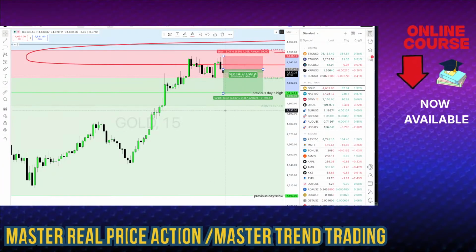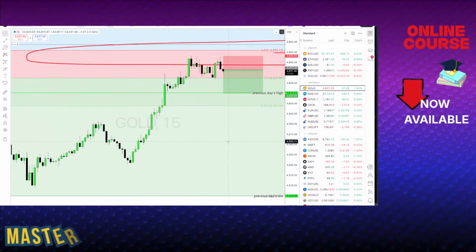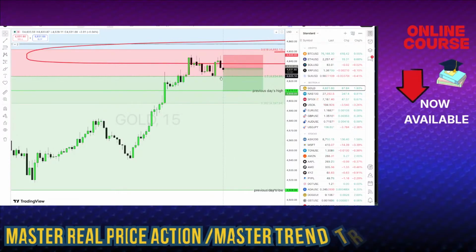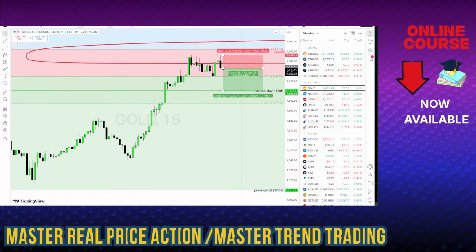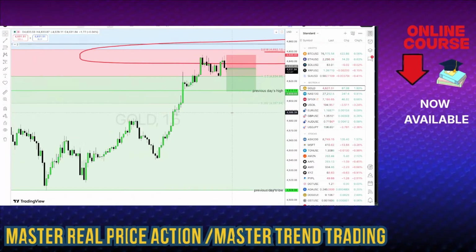That can be attracted as a key level of support at this point. So keep an eye on that one. Maybe we can get something good.